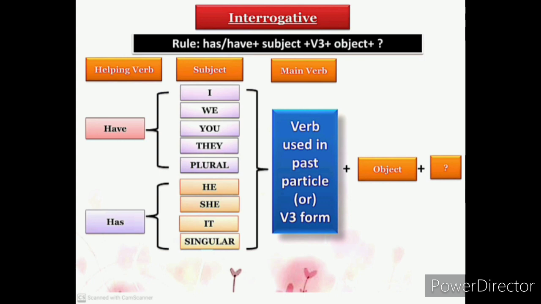Then verb third form is used, after that object and then question mark. And has is used in the beginning of he, she, it and singular, then verb third form, then object and then question mark. For example, have I reached home safe and sound? Have you reached home safe and sound? Has he reached home safe and sound?